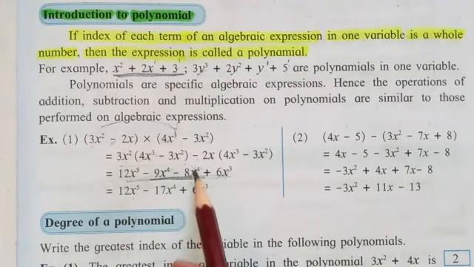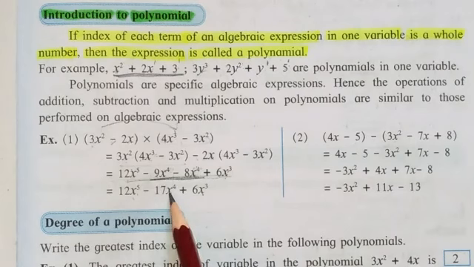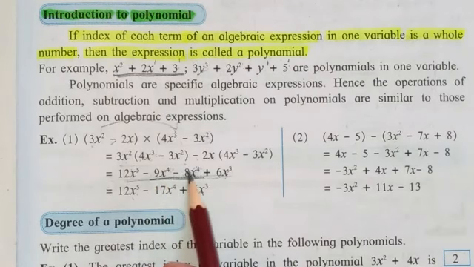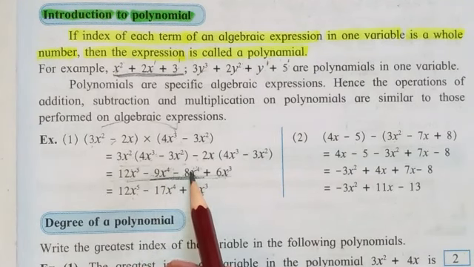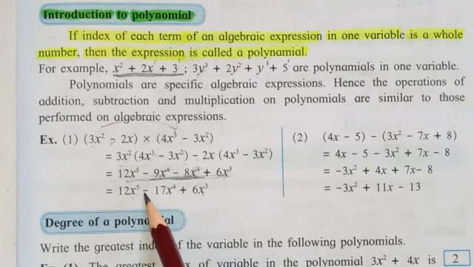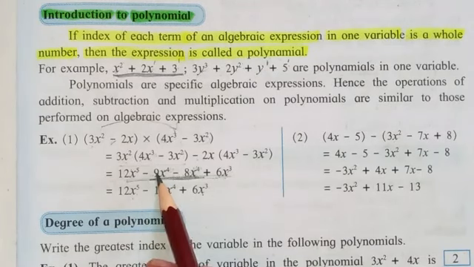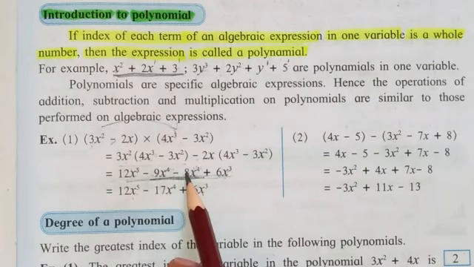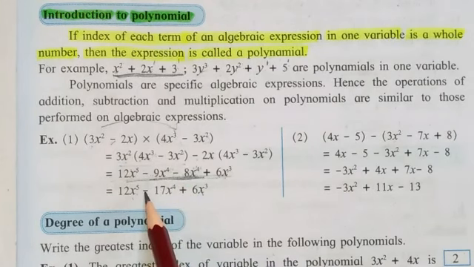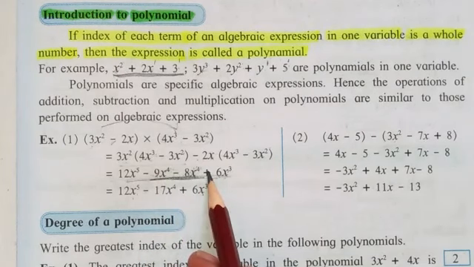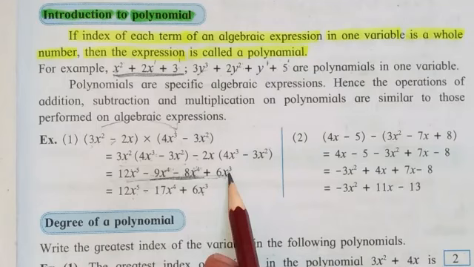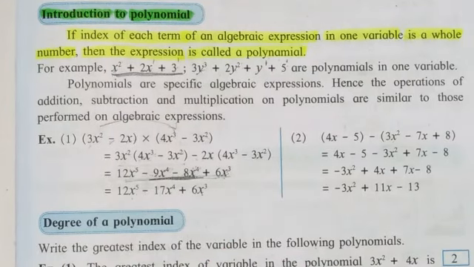Now this x raised to 4 we have to write first, and look at only the coefficients, negative 9 and negative 8. Negative will become addition and the negative symbol will remain. So 9 plus 8, 17 will be there. It means we have to do the addition and keep the negative symbol. So the answer will be negative 17x raised to 4. Then plus 6x raised to 3 will be as it is.